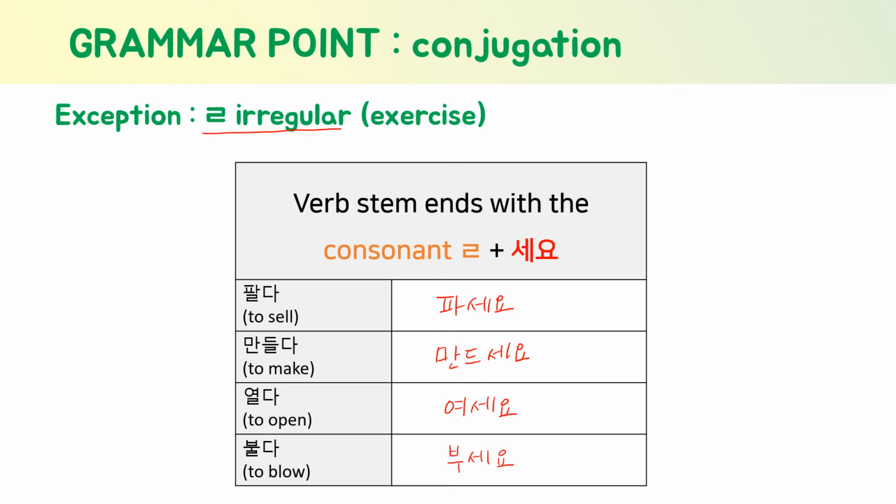Right? So all you need to remember is you drop 다, and in the stem you drop ㄹ and then add 세요. Okay? So drop ㄹ and add 세요. Drop ㄹ, add 세요.